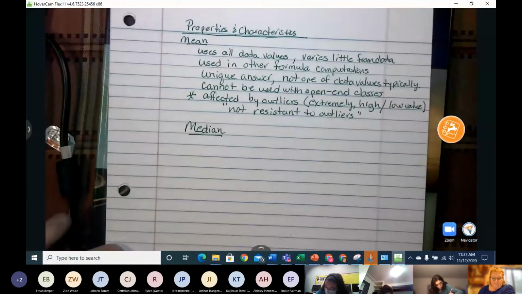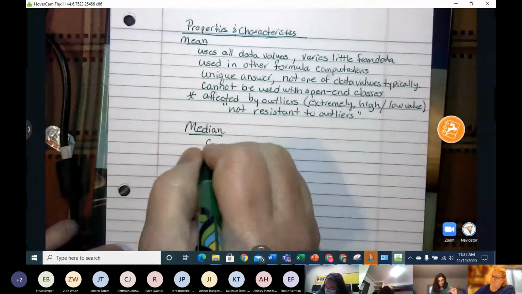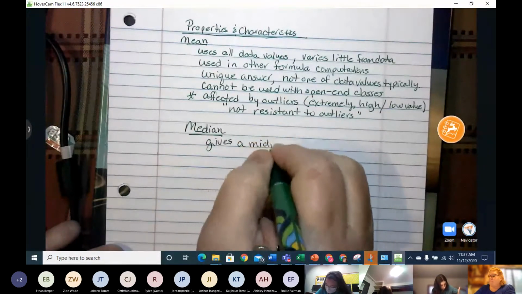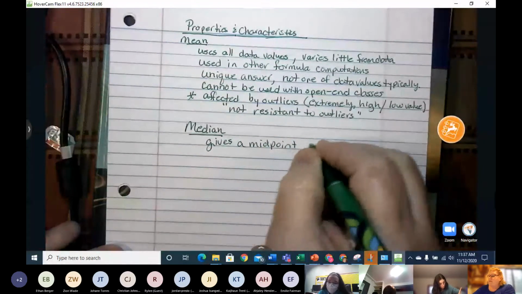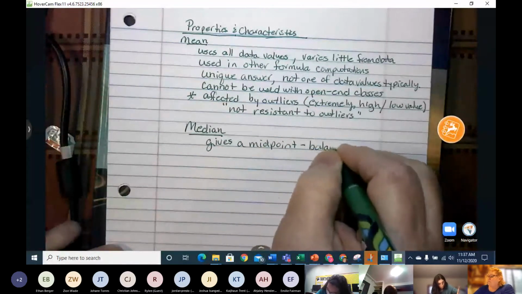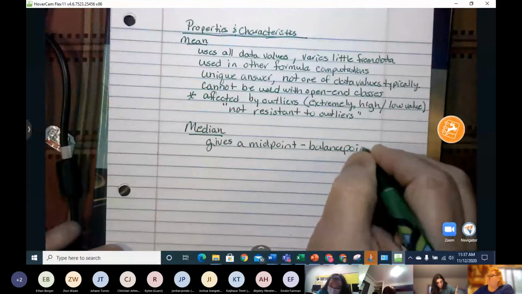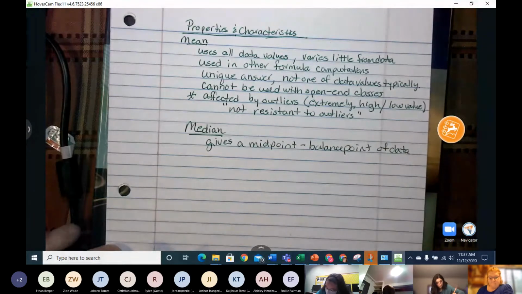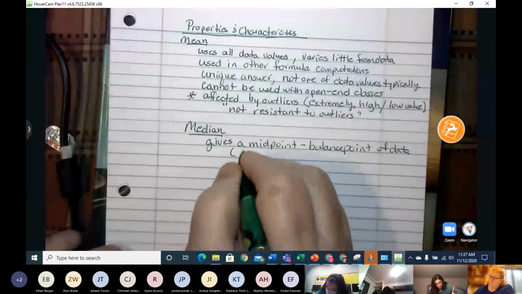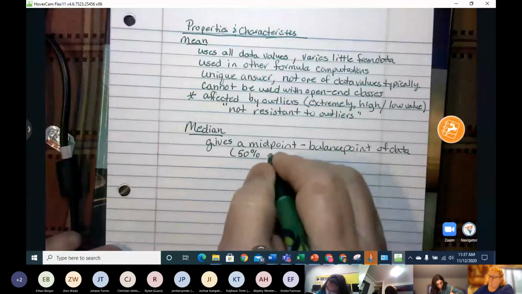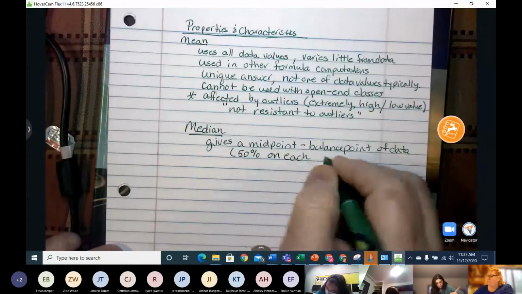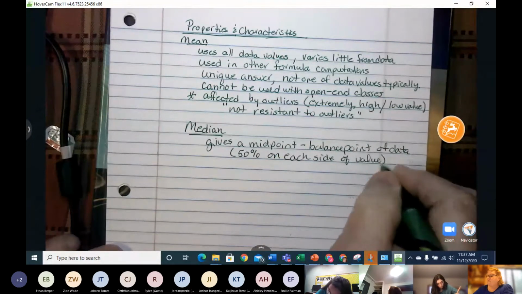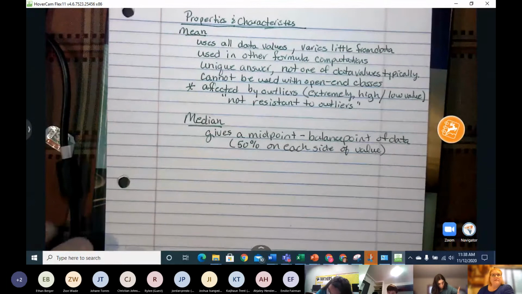The median gives you a midpoint, which is considered a balance point. 50% of your data is on each side of your median.